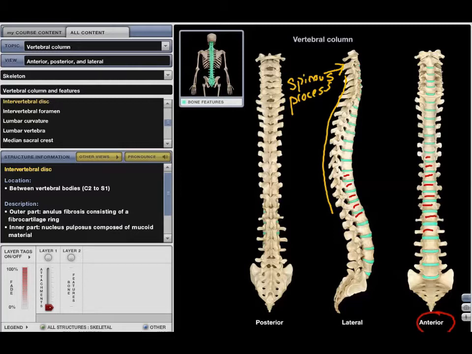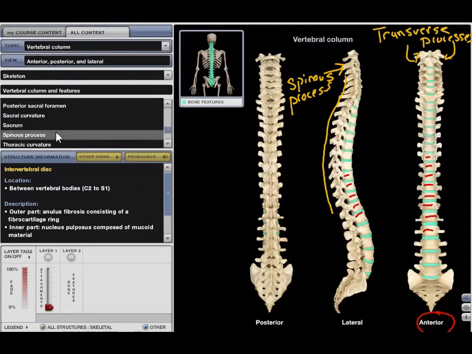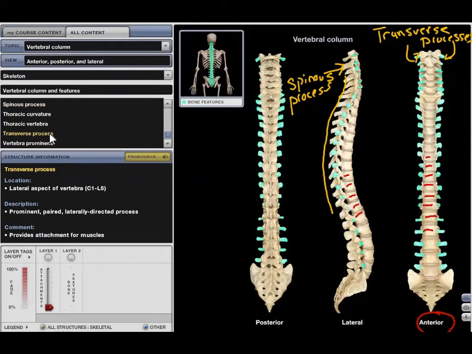And then two lateral projections, which we can see here and here, and those are called the transverse processes. So I'll highlight both of these. Here we have the spinous processes, highlighted in light blue for all the vertebrae. And then the lateral transverse processes, also highlighted in blue.